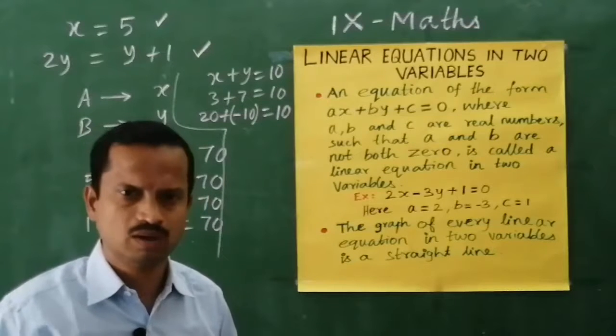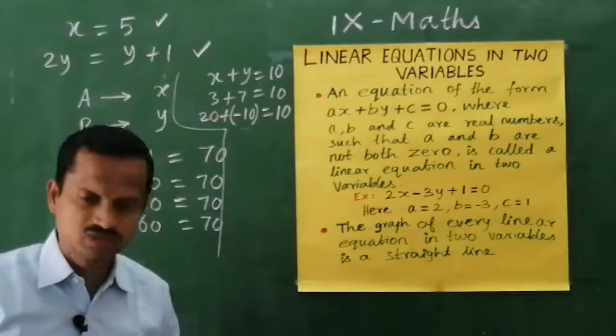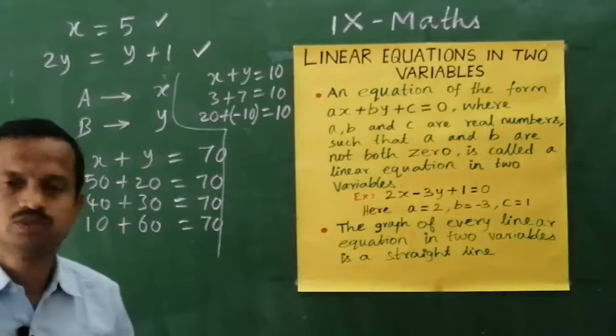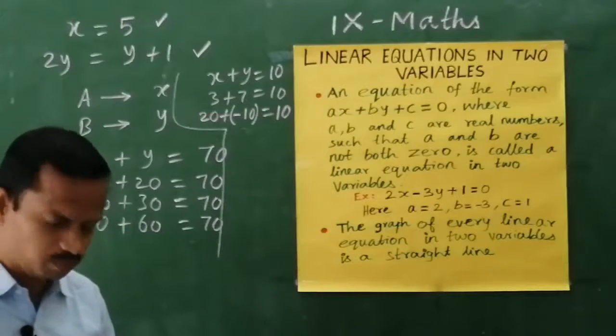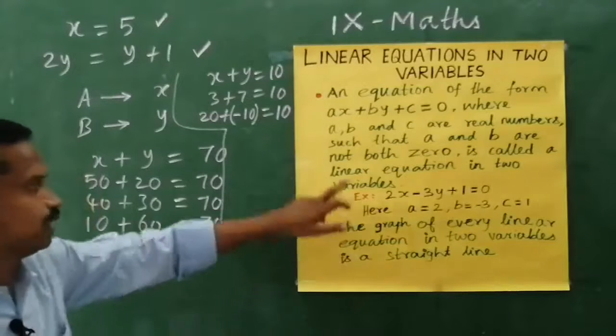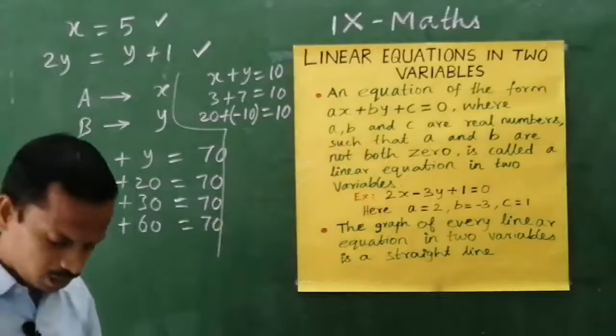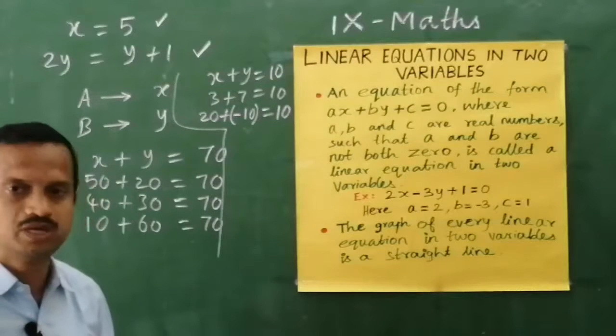So, some points we have to discuss. Okay. So, see. First, page number 77 of this linear equations in two variables chapter, you have some points there. The first point is the definition, which I have written here, and then a linear equation in two variables has infinitely many solutions.